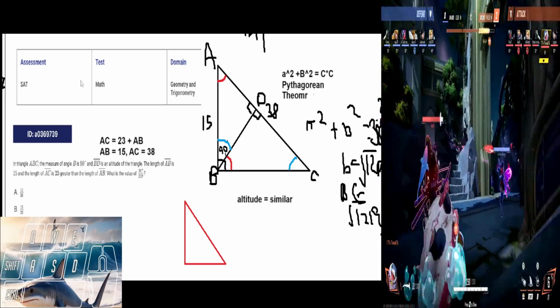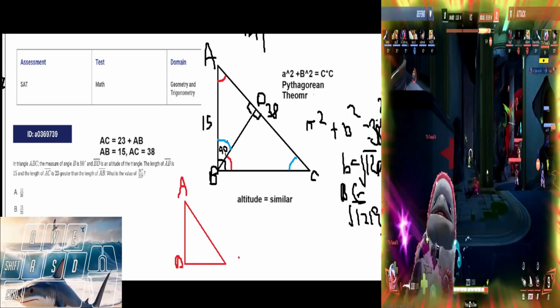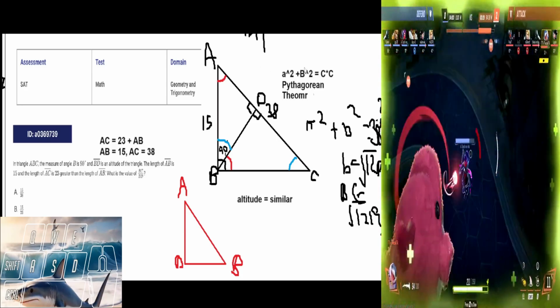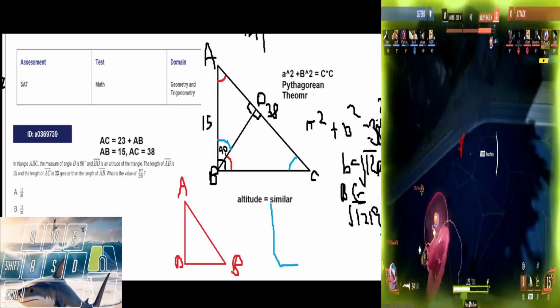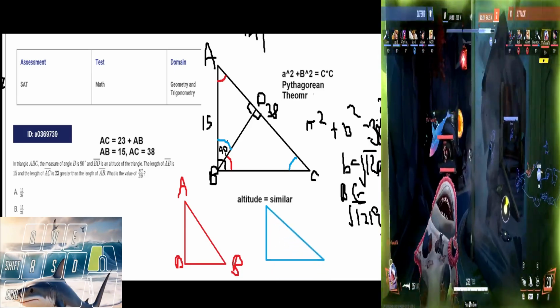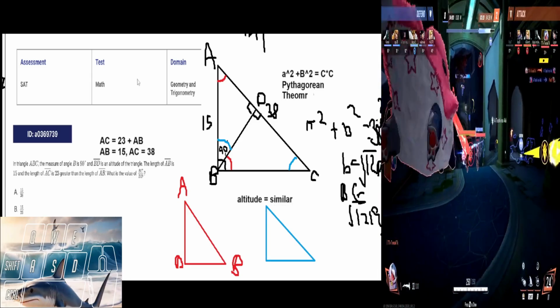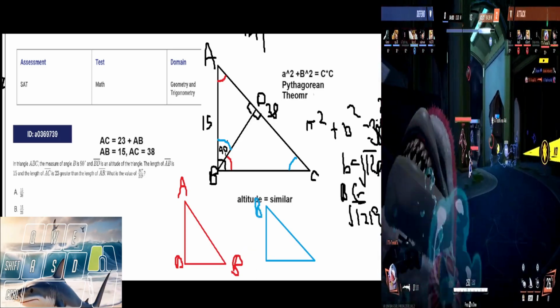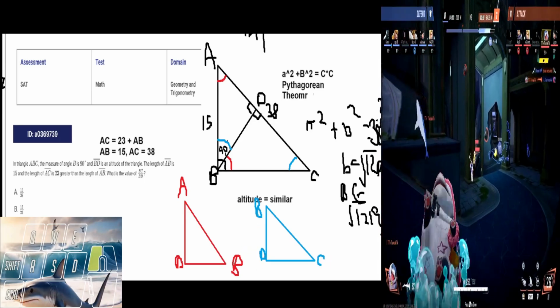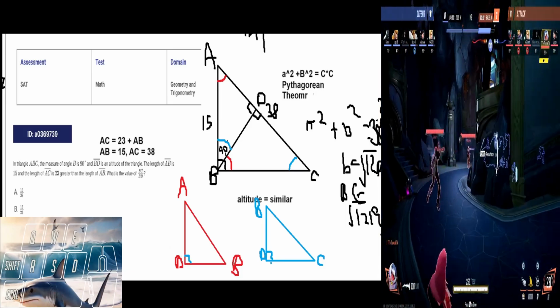So first of all, we have ADB, and then we have BDC. And keep in mind, these angles are all 90 degrees, by the way.